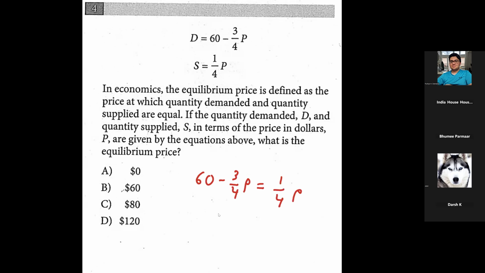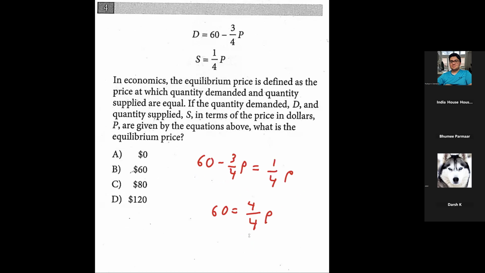So we add 3/4 P to both sides and we get 60 equals 1/4 plus 3/4, which is 4/4 P. This is just 1 P, so P equals 60. So the correct answer is choice B.